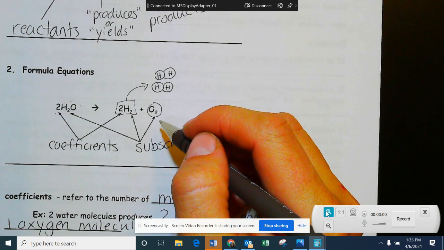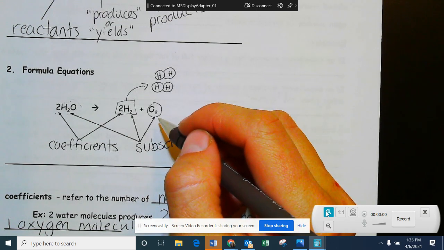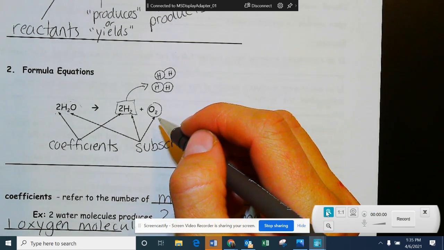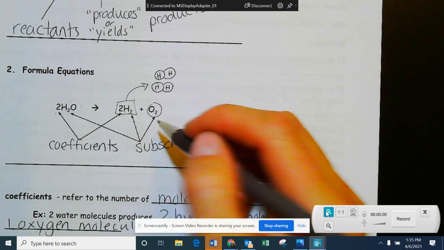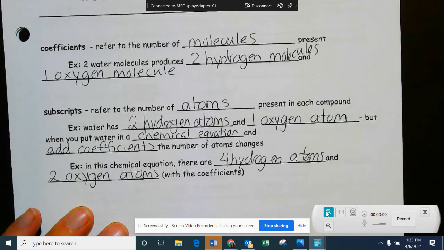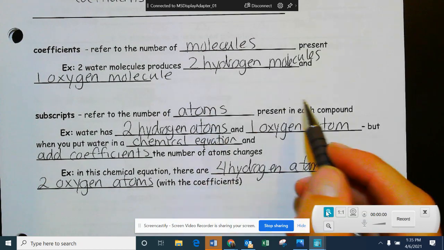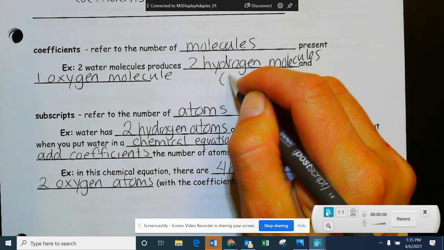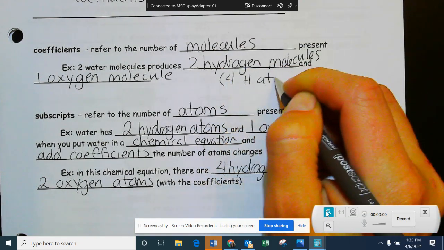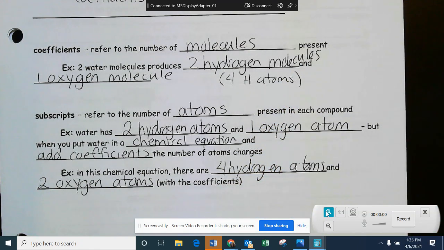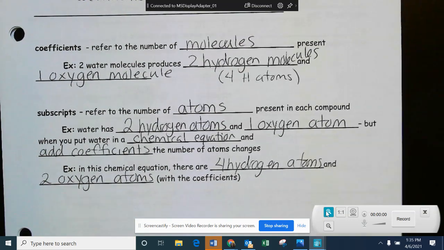So when I say oxygen molecule, it's got 2 atoms. Do you guys remember those? So although it's 2 hydrogen molecules, that is 4 H atoms. Does that make sense?